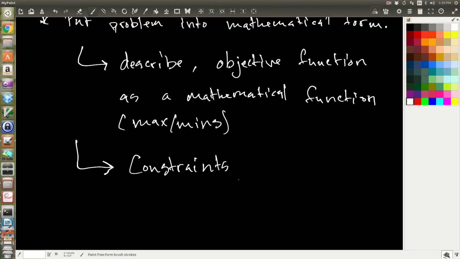Or maybe our duct had to have a certain cross-sectional area to allow a certain amount of fluid to flow down it. So constraints must be represented as mathematical equations.